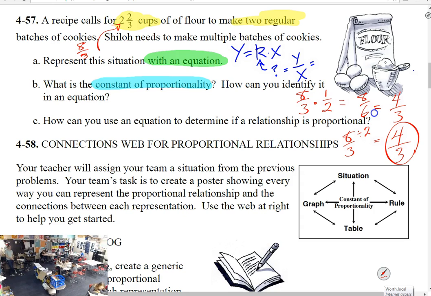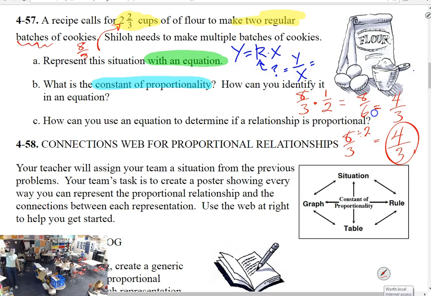What is that, and what's the label on that? Yeah? Okay, so that's 1 1/3 if I put it back into mixed, but what's the label on it? Cups per... Cups of flour per how much? What are you making? Batches, right?